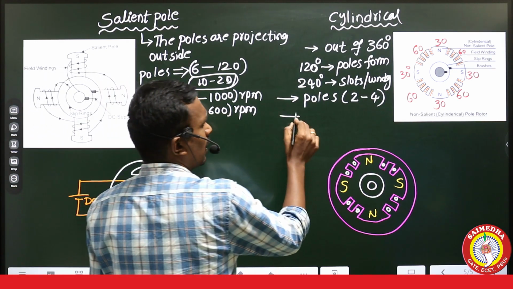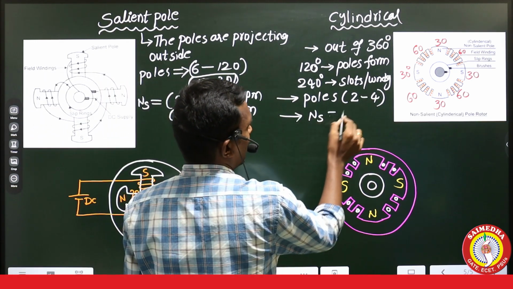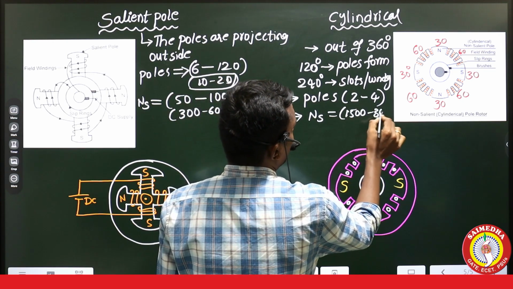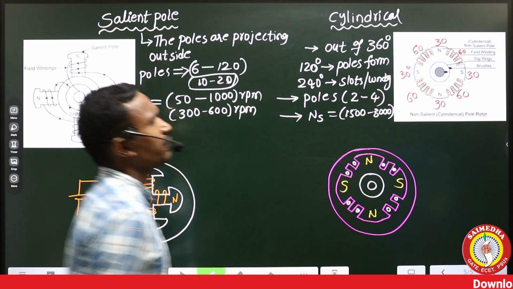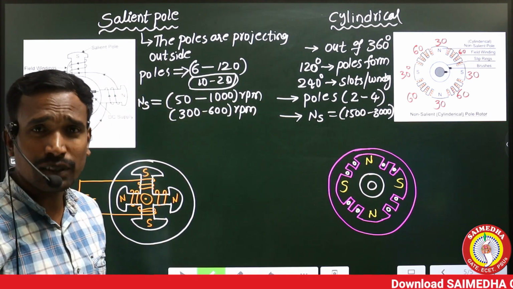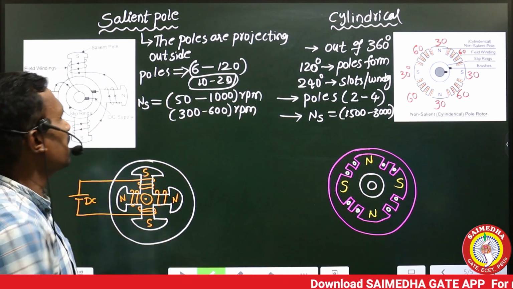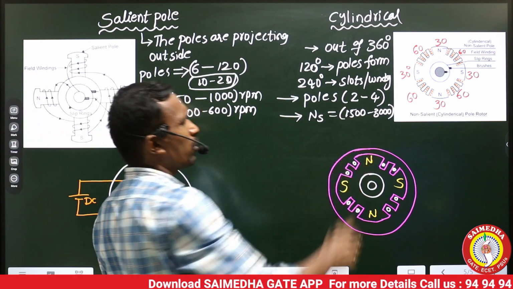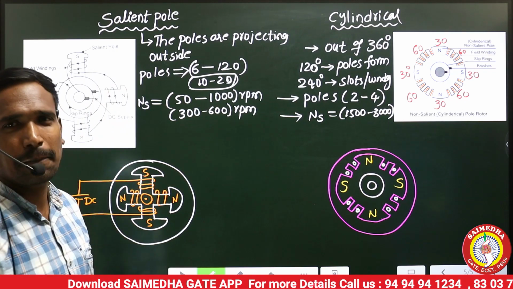Coming to the cylindrical type, the synchronous speed range is around 1500 to 3000 rpm for a 50 Hz supply. So simply, more number of poles means less speed, and less number of poles means more rotor speed.